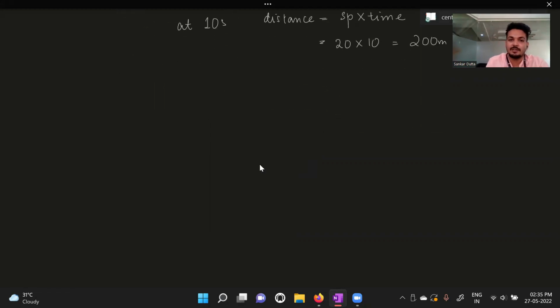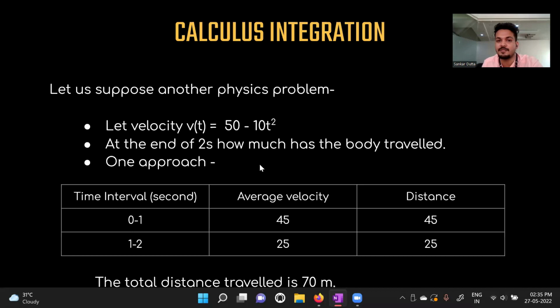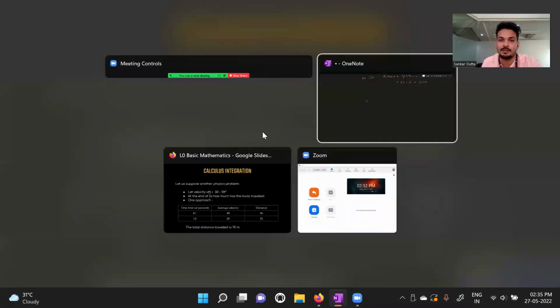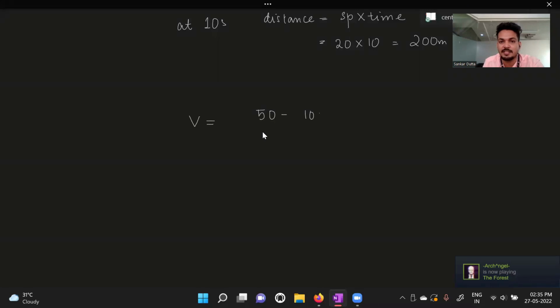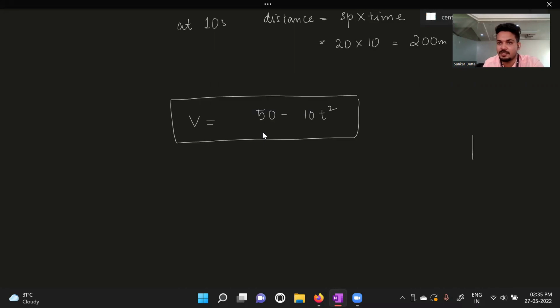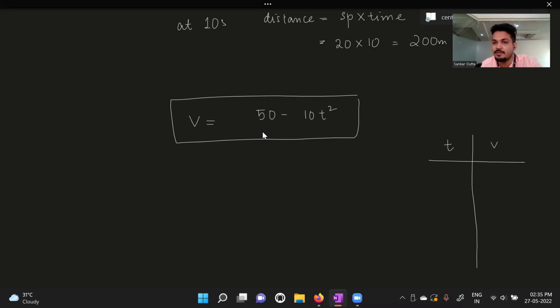But let us take a velocity which is changing. Every second the velocity is changing. The example here is 50 minus 10t squared. Let me see how this works. If I make a table for you to understand, I put t in the first column and velocity in the second column. What is the velocity of the particle at 0 second?